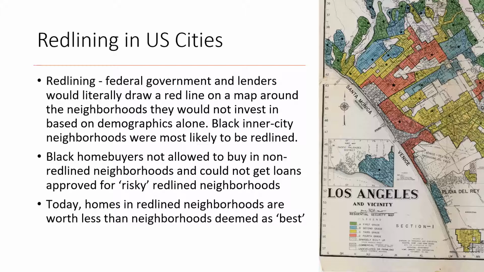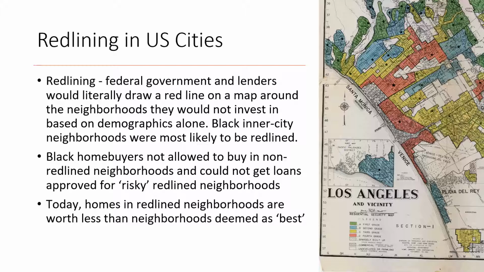And so Black homeowners were not allowed to buy in non-redlined neighborhoods and couldn't get loans approved for those neighborhoods that were redlined or considered to be risky. And so even though this practice was outlawed eventually, it certainly had a ripple effect. So today, homes in redlined neighborhoods are worth less.